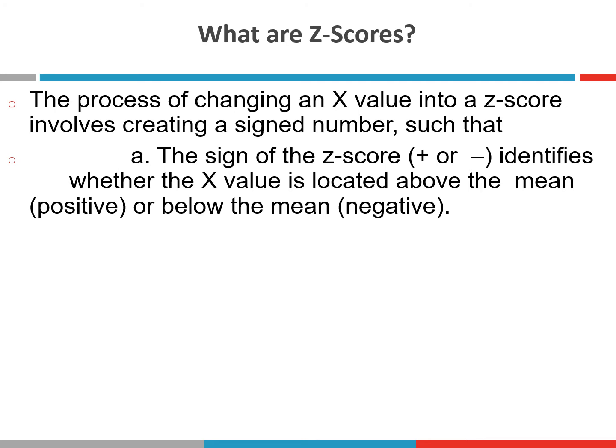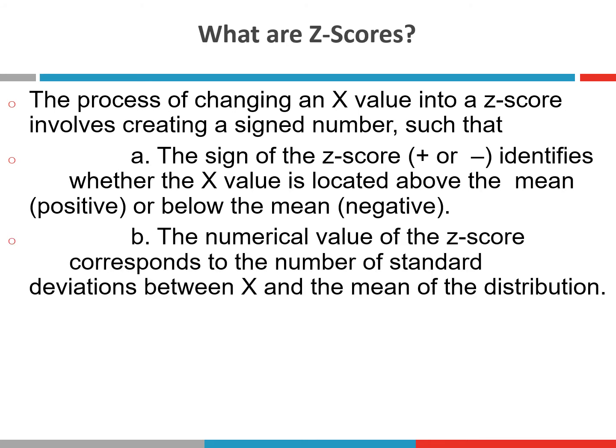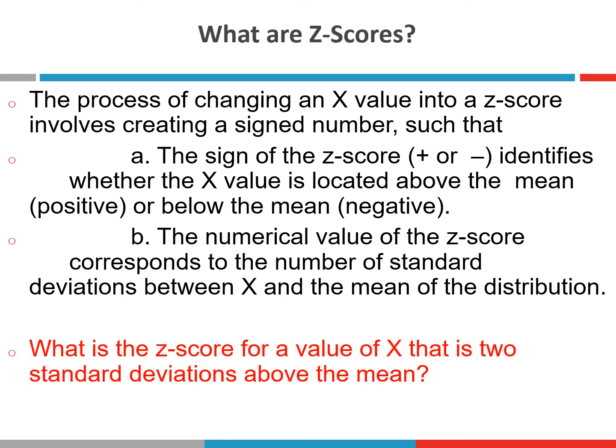If it's negative, it's below. And the numerical value of the z-score tells us the number of standard deviations between that given value of x and the mean of the distribution. So if we know that a given value of x is 2 standard deviations above the mean, then its z-score is going to be positive 2, or simply 2.